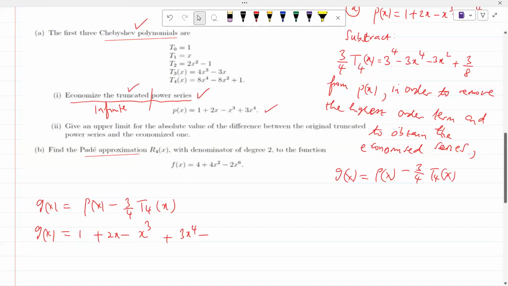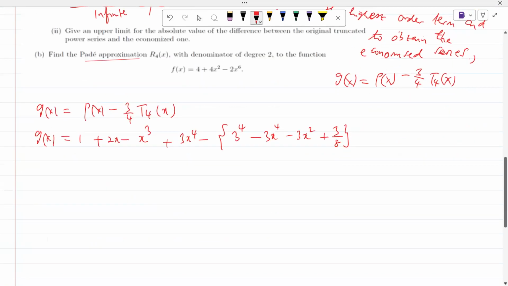Let's do the subtraction carefully and see what we get. So 3/4 of the T4 is the same as the following, and we're going to simplify this as we perform the subtraction.